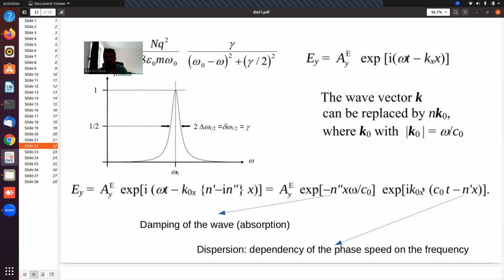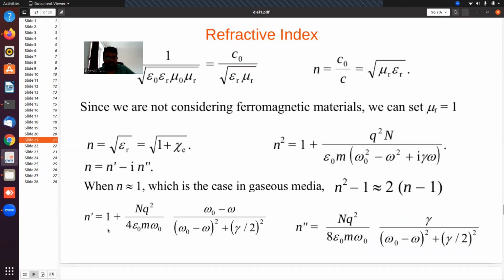That's the physical origin of how the imaginary part means absorption. The imaginary part has this expression. When omega naught equals omega, that is, when omega matches the natural harmonic frequency inside that system, then this imaginary part magnifies, so we get a peak in the absorption band.